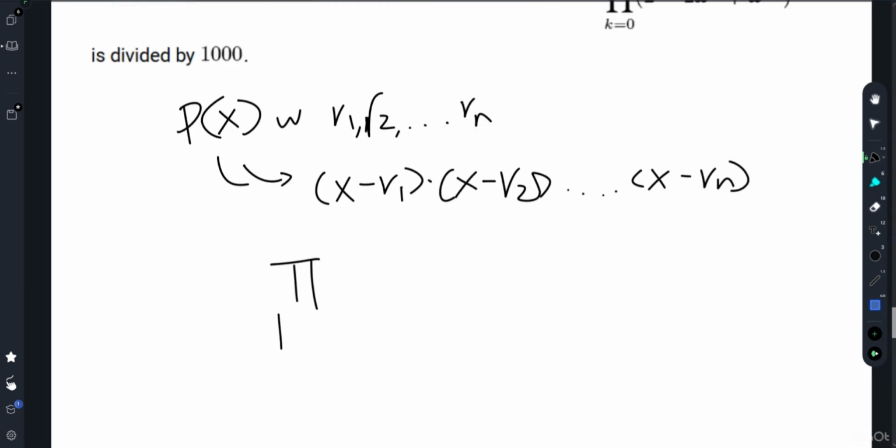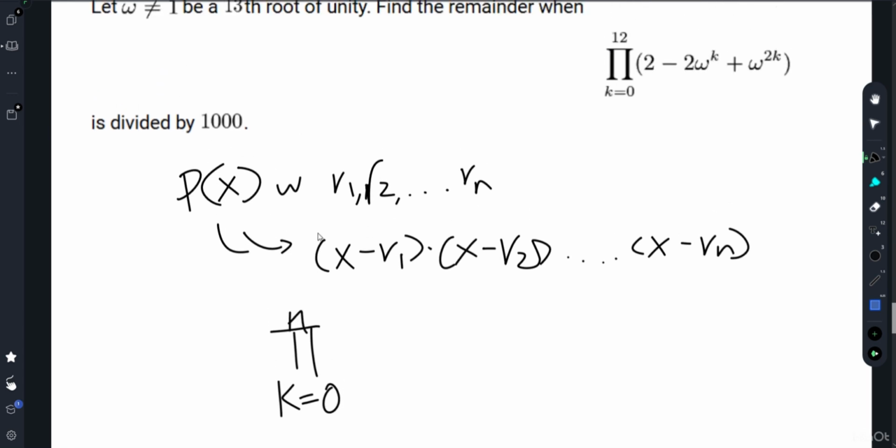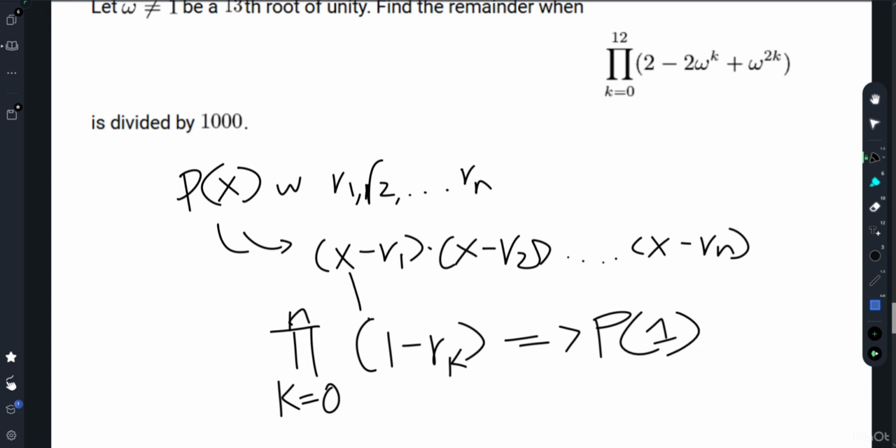Let's say we have x equals 1, minus rk. This is literally just p of 1, as x is 1 in this case.